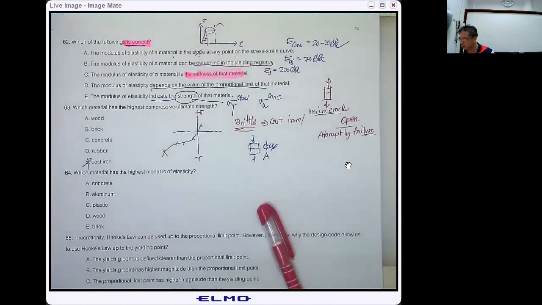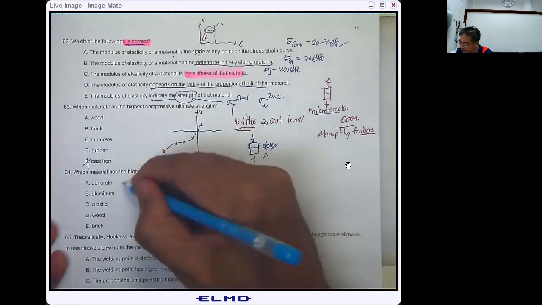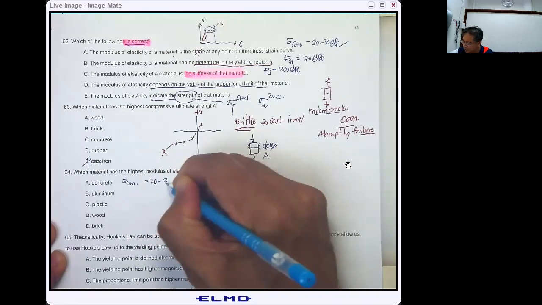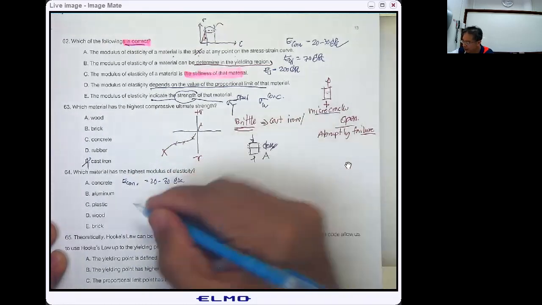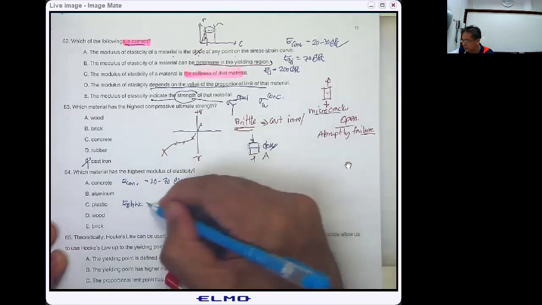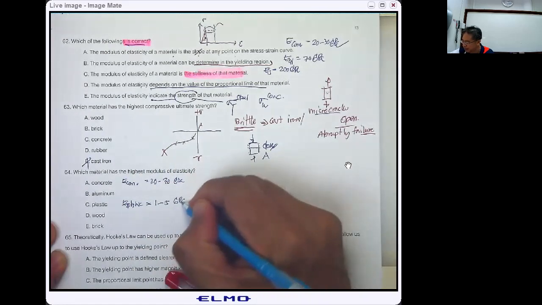And which material has the highest modulus of elasticity? The E of the concrete again is going to be 20 to 30 gigapascal, and E of plastic is going to be about maybe 1 to 5 gigapascal.